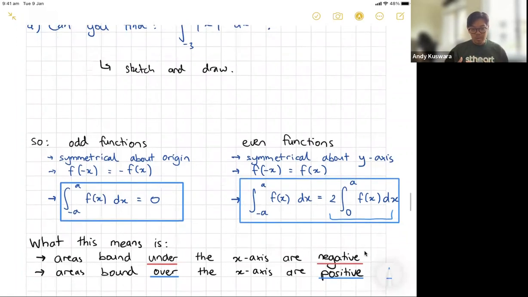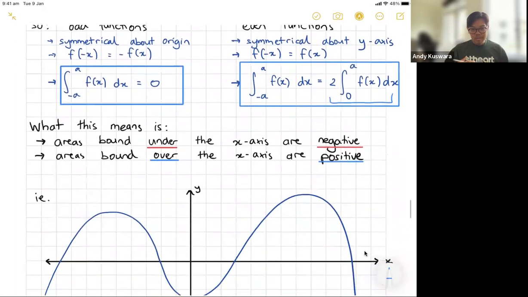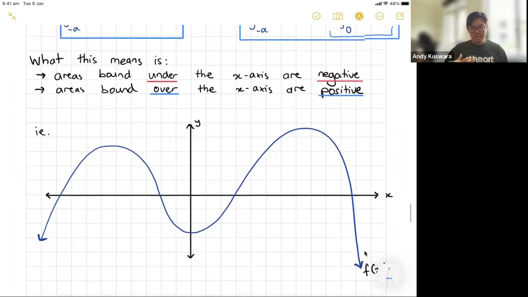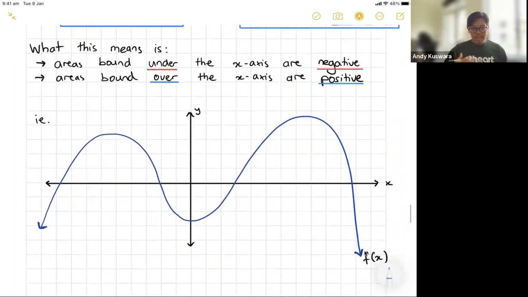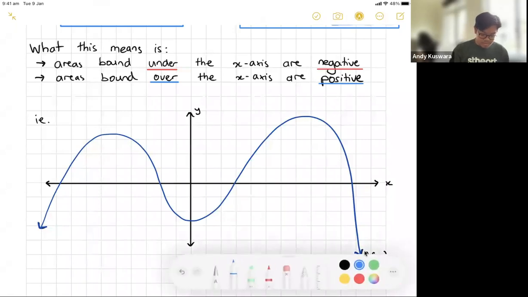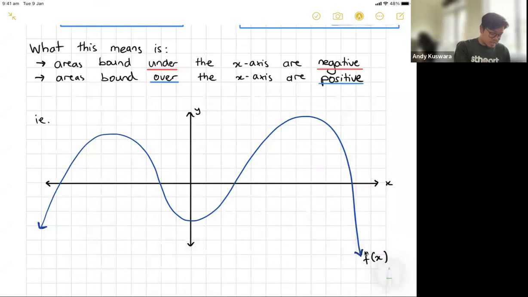Why do we care about all these things? If you haven't picked up already, areas bound under the x-axis come off as negative, and areas bound over the x-axis are counted as positive. It's just the nature of these integrations. So here is an area bound on top, and that area would be positive.